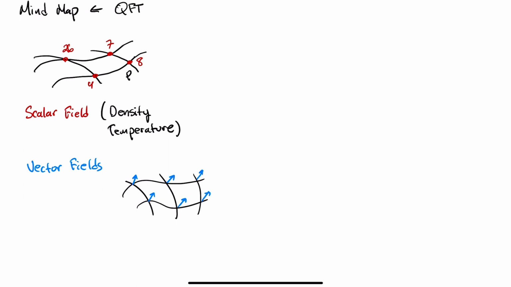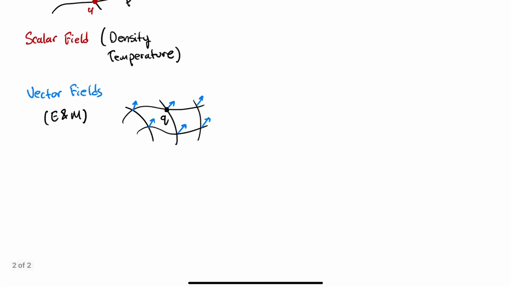An example here would be E&M, or electricity and magnetism. I give you a point in space, Q, and you could tell me what the components of this vector are. Similarly, you can do it at any point of your choosing. So that's a scalar field and a vector field.